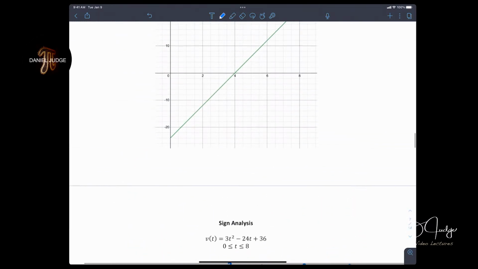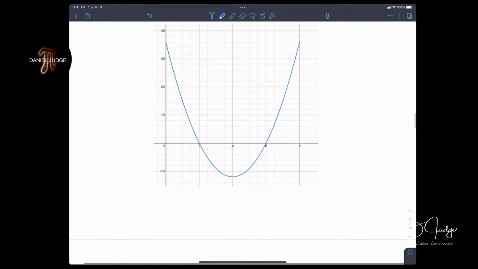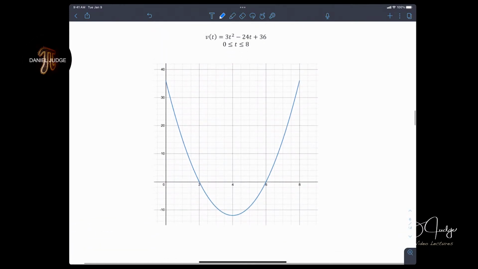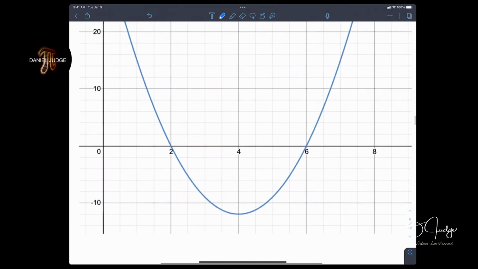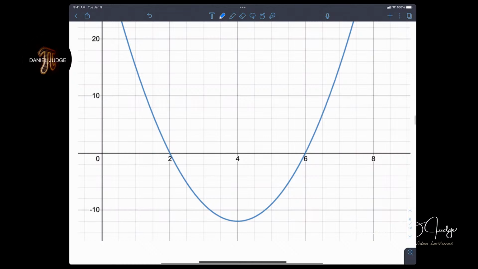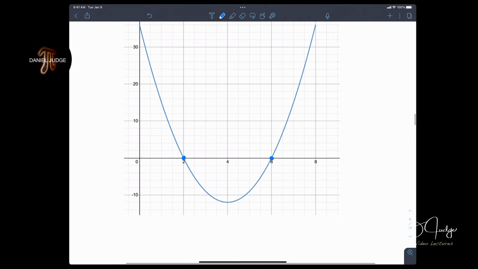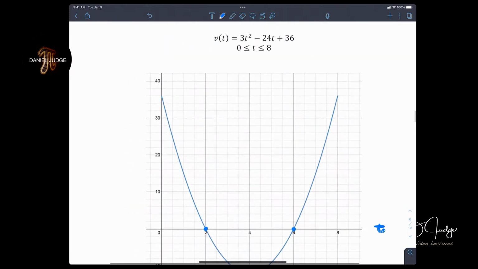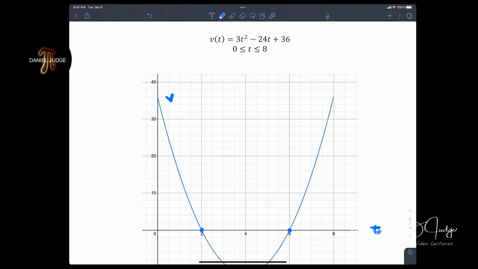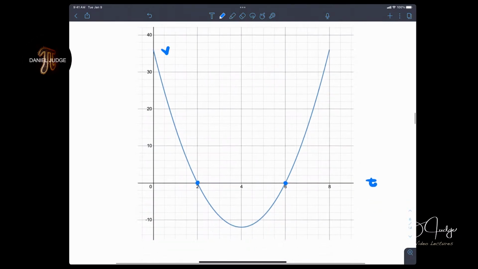Now, if I go back and take a look at this curve here, this velocity function, take a closer look. This is my time axis. This is t versus v here. Okay, it's a parabola.